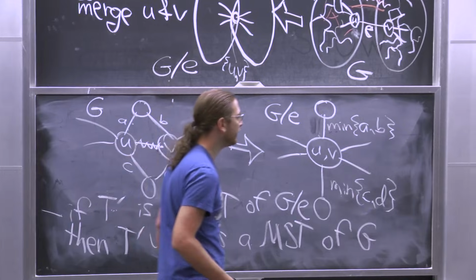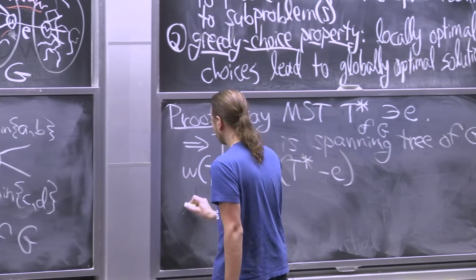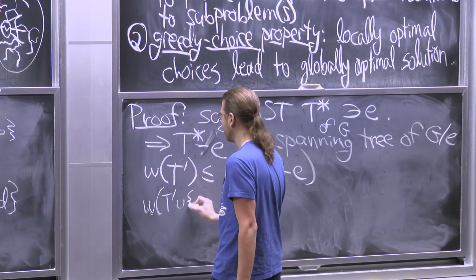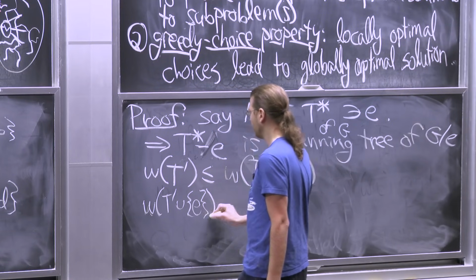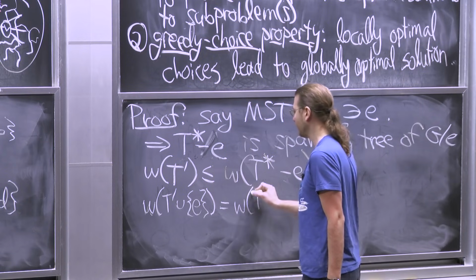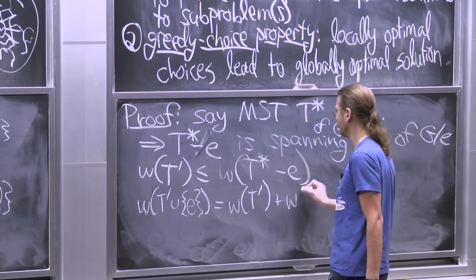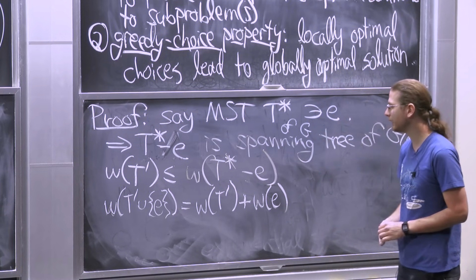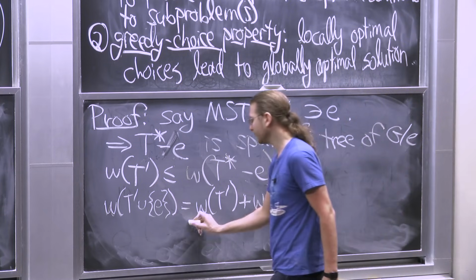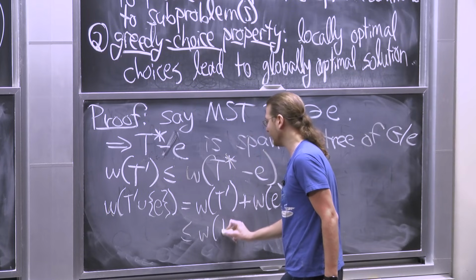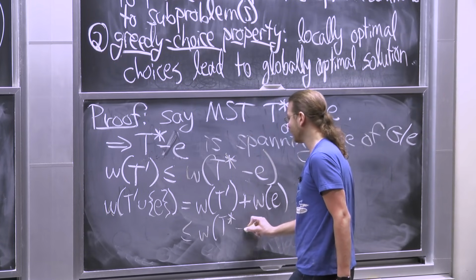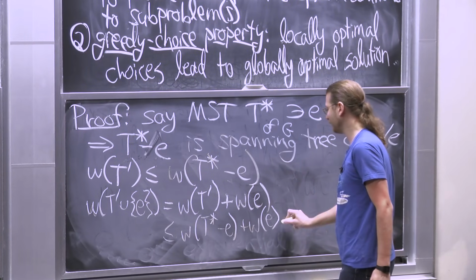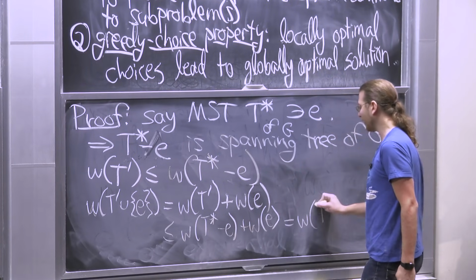And now we want to know about the weight of T prime plus E. Well, that's just the weight of T prime plus the weight of E, because the weight of a tree is just the sum of the weights of the edges. So this is less than or equal to W of T star minus E plus E, which is just the weight of T star.